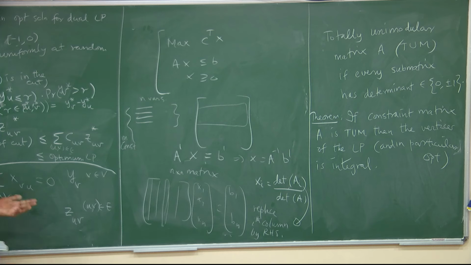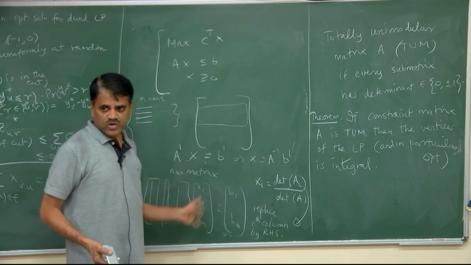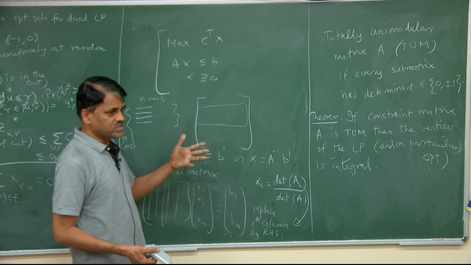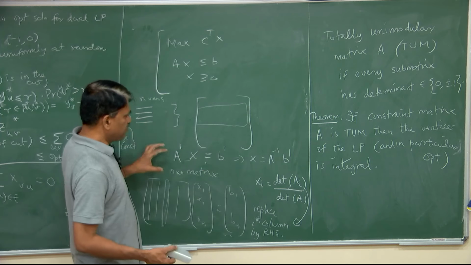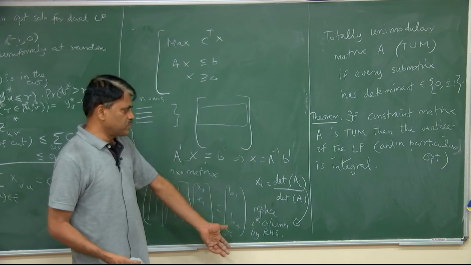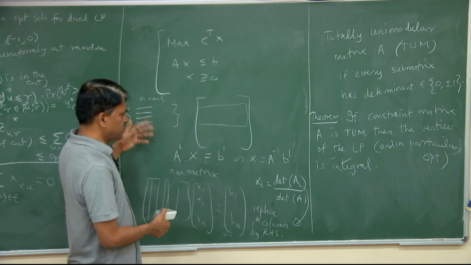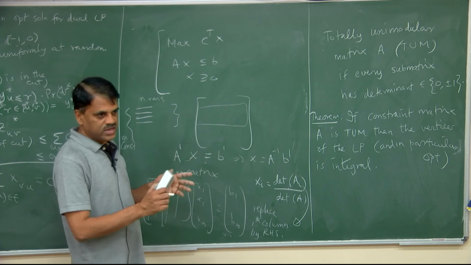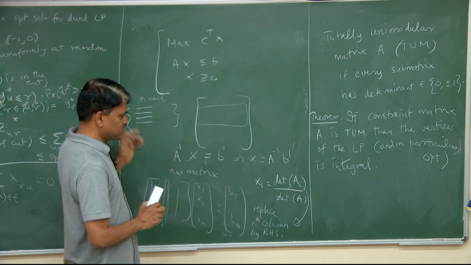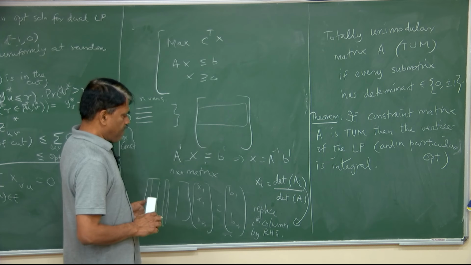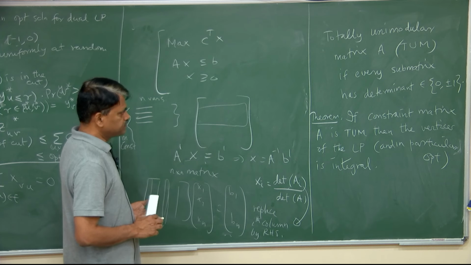This is clear, right? This is what we went through. All I'm saying is if the vertex of an LP is just the submatrix, the submatrix determinant is plus or minus 1 or 0. If it's 0, then you throw away that set of submatrix and move on to another submatrix. There's some degenerate vertex, that's what it is.